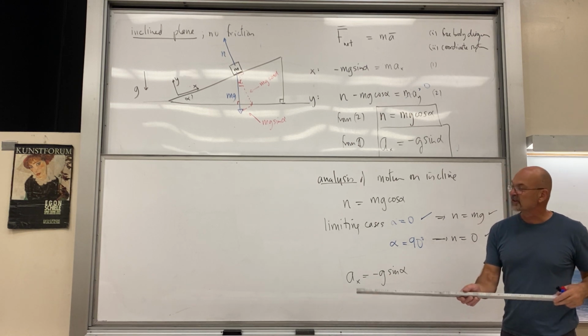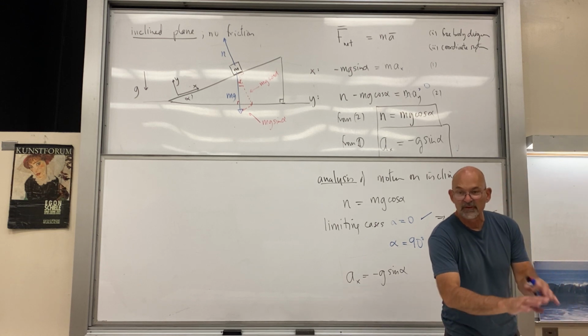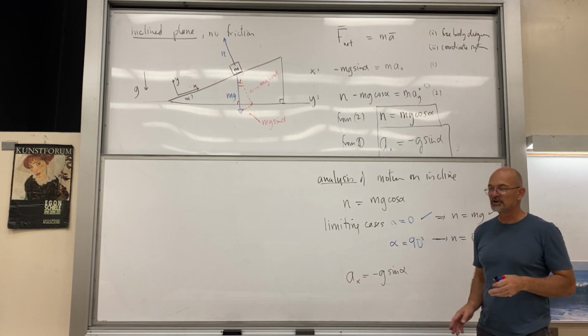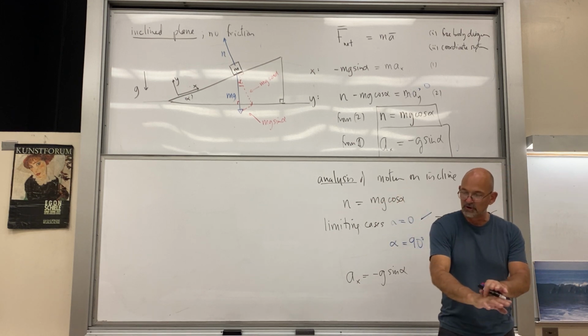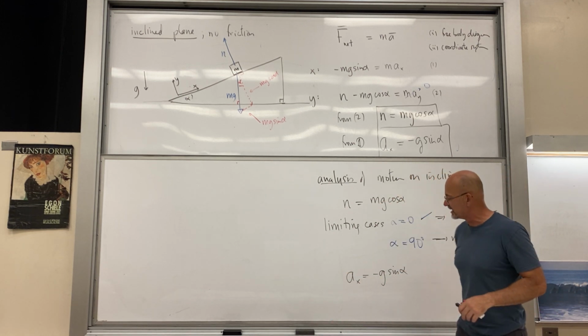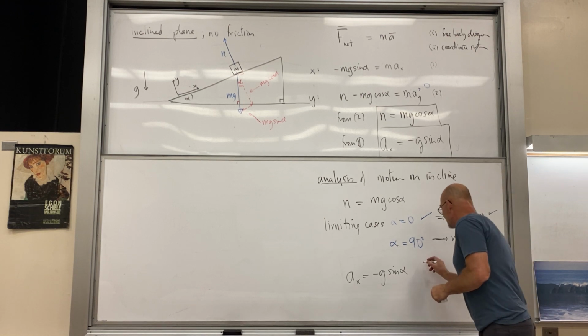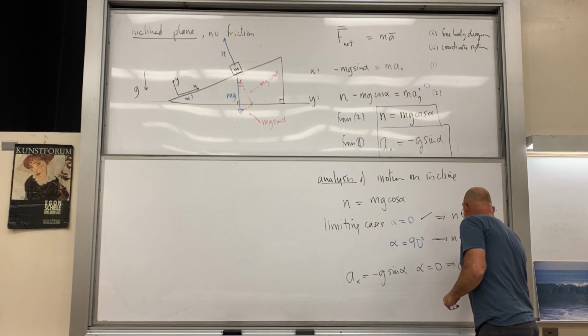So if we have frictionless motion on a flat surface, it's just constant velocity. I showed it to you on the air track. I've shown it to you on the tabletop here with the other track. So there you have it. Alpha equals 0, then acceleration is equal to 0, and that means that v is constant.